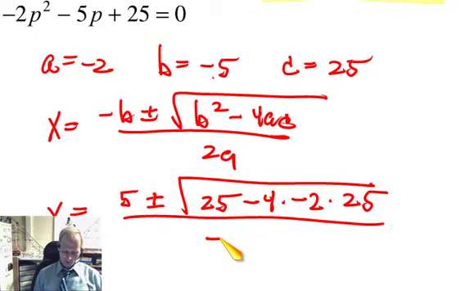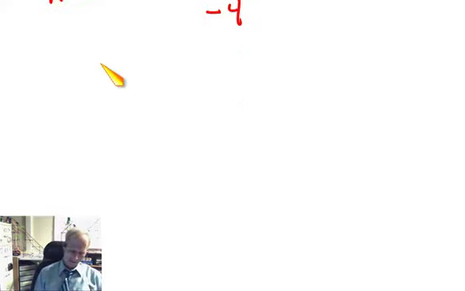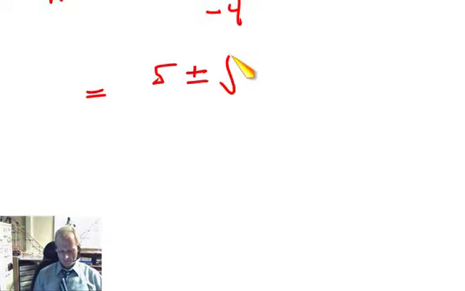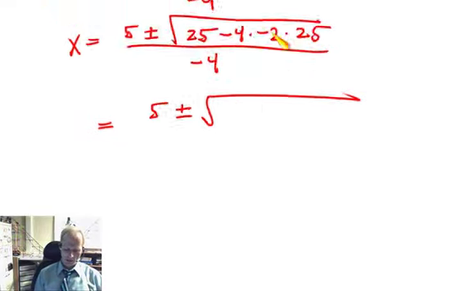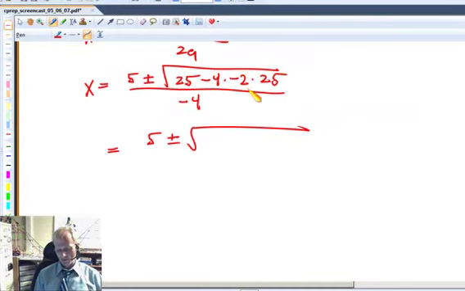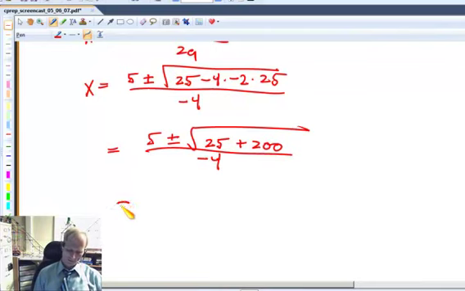A is negative 2, so 2 times negative 2 would be negative 4. So now let me simplify. Negative 4 times negative 2 is 8, times 25 is 200. So I'm going to get 25 plus 200, and that's all going to be divided by negative 4.